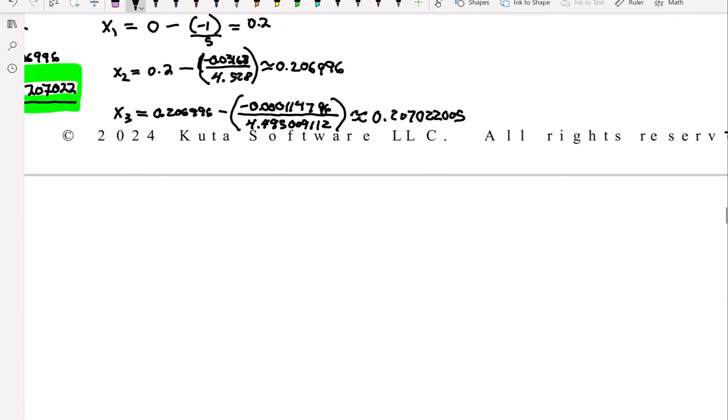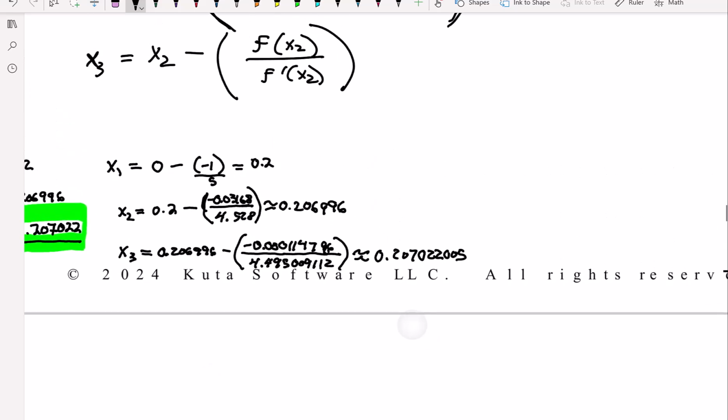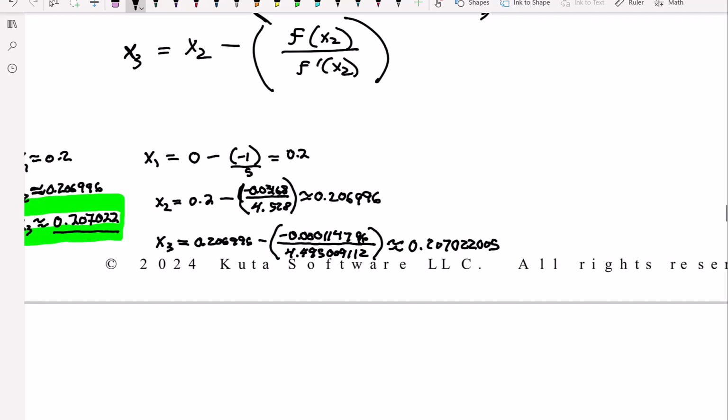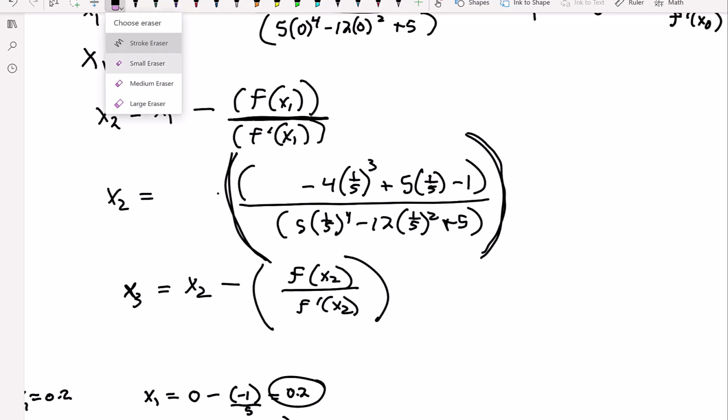Okay, and I think, oh, maybe I did it here. Yeah. So by the way, instead of 1/5, just put it as 0.2. So instead of 1/5 here, silly me, instead of 1/5, just put 0.2.